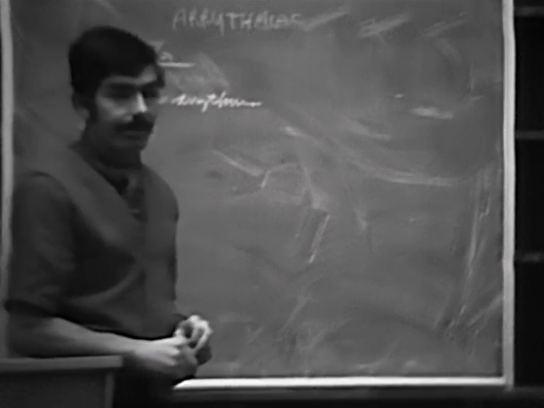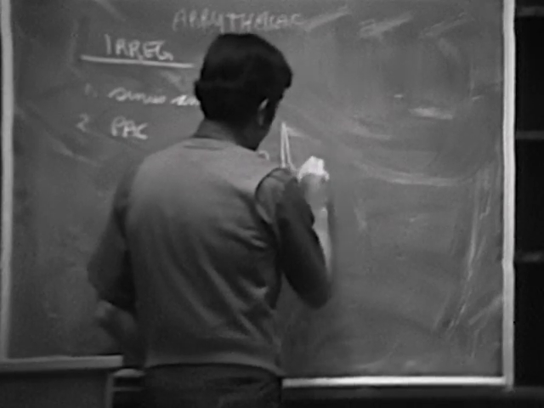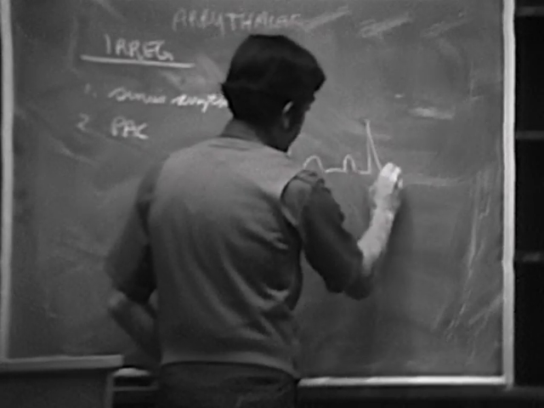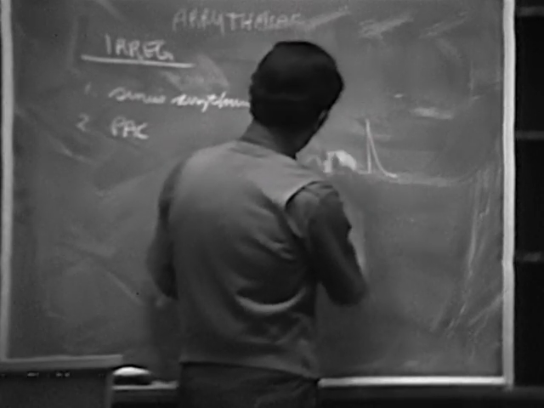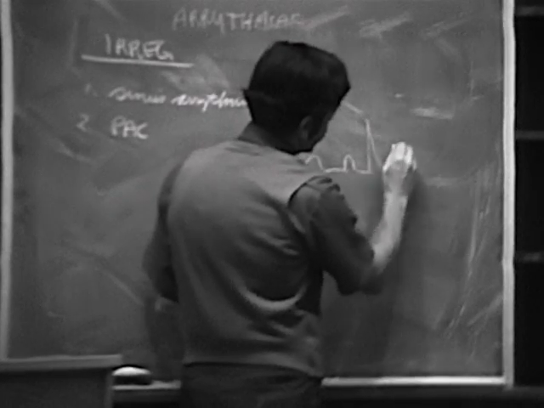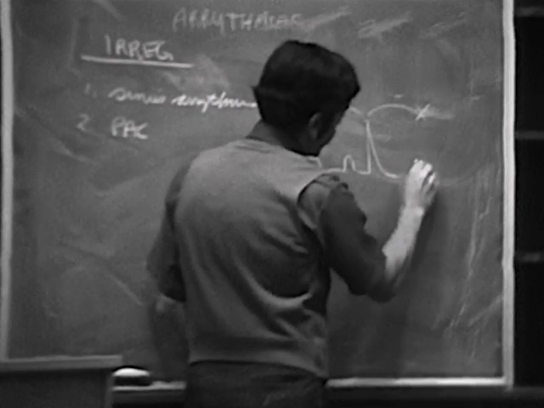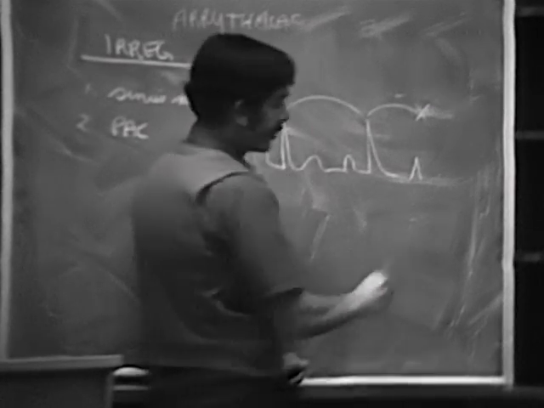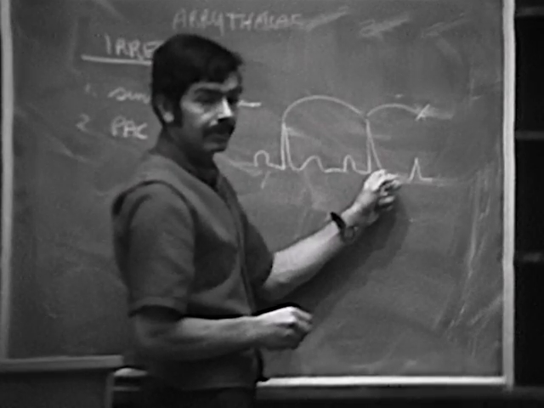An occasional premature atrial contraction. And you're aware of what they look like as you're going along your regular rate right here, and then you'll see a premature atrial beat. Generally, a premature atrial beat will be earlier. The P wave will have a slightly different configuration. The PR interval may vary, be different than this normal PR interval.